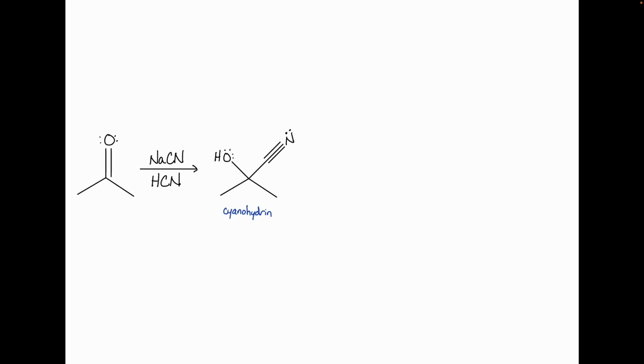All right, so there are two follow-up reactions that we can do here. One is to take that cyanohydrin and put it in the presence of a dilute acid and heat. Importantly, when we do our addition reaction, we've added this extra carbon here, right? That carbon that was part of that cyanide ion.